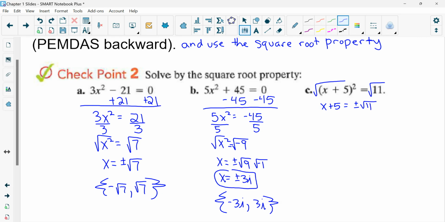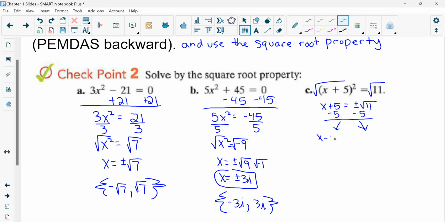If I could simplify the square root of 11, I'd want to do that there. But is there any perfect square that goes into 11? Nope. And now I still need to get the x by itself, so I'm going to subtract 5 from both sides. What that means is I get two answers.